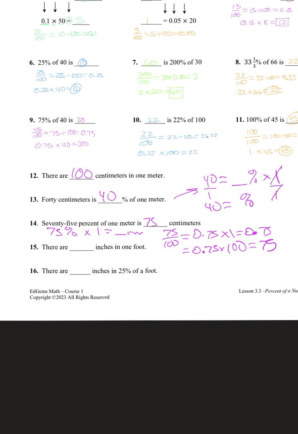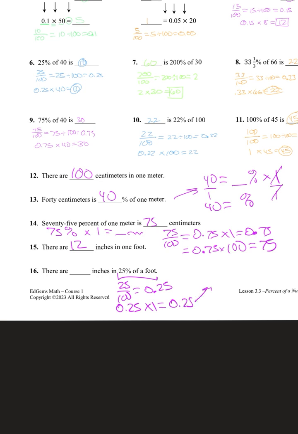Number 15. Number 15 says there are blank inches in a foot. Most of you guys know that's 12. And then for number 16, it says there are blank inches in 25% of a foot. So in order to set this up, let's take the second part. So 25% of a foot. So 25%, 25 over 100, change it into a decimal. 0.25. And since we want to take 25% of that foot, we're going to go 0.25 times 1, which is 0.25.